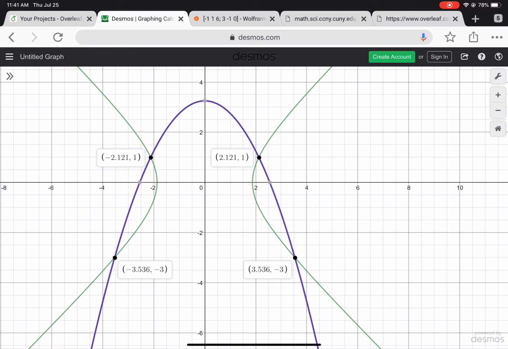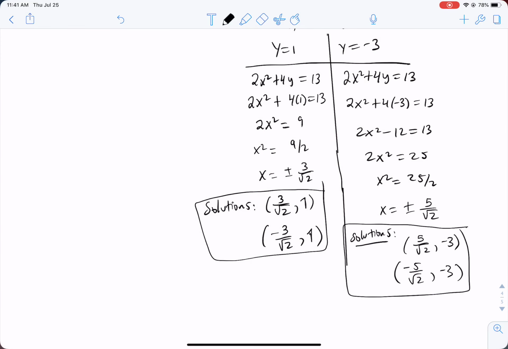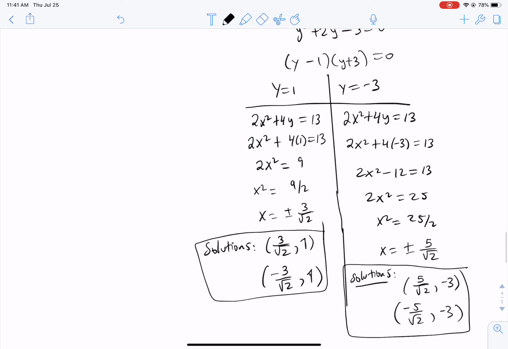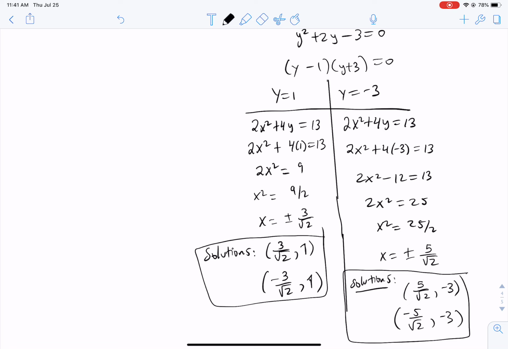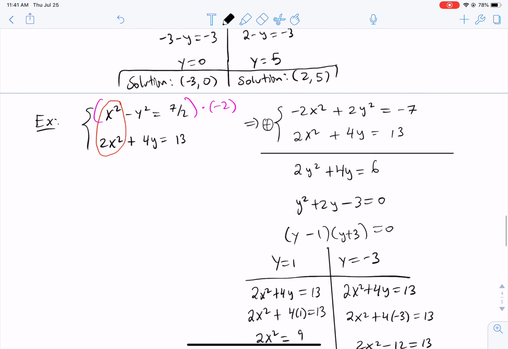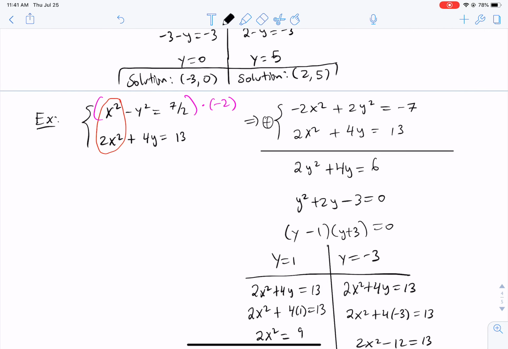Question? Going back to the work, when you subtracted, you get rid of the 2x squared. How did you get the equation? So I just added them up.